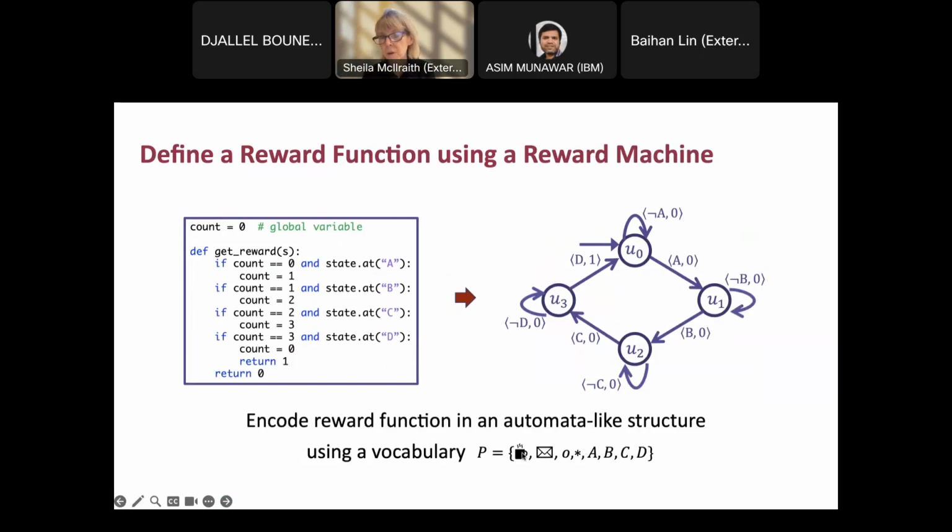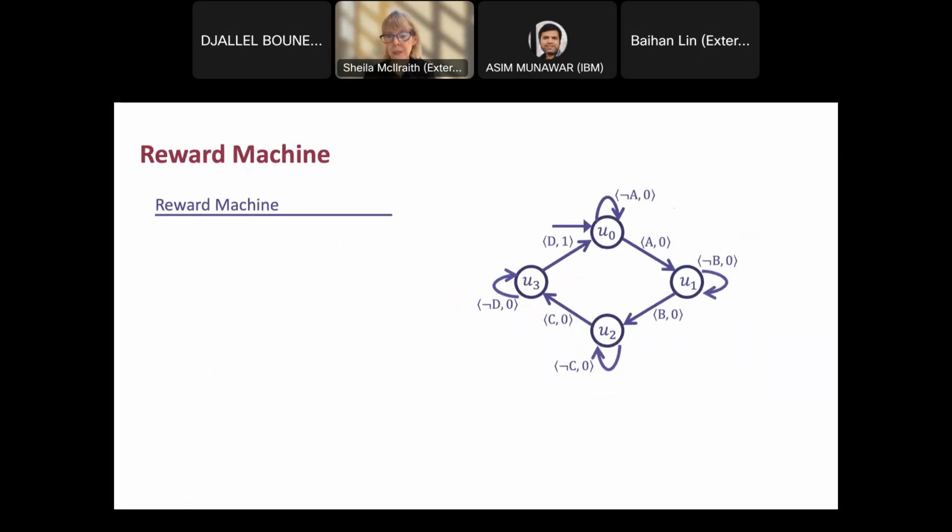Here, whether you're at the coffee machine, whether you're at the mailroom, whether you're at the office, whether you've hit these stars, which are little pieces of furniture that you don't want to hit, at location A, B, C, or D.